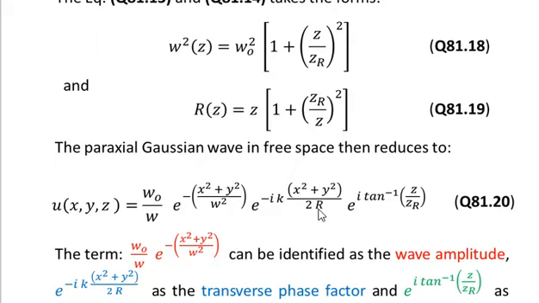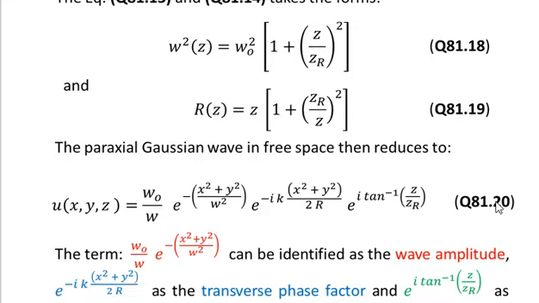But you see that this R in the denominator of equation number 20, with the second phase factor, is actually R of z. So we have now introduced R of z over here, and you see that this w, in the first way, is actually w of z, and here this is w naught. This w in the denominator is actually w of z.